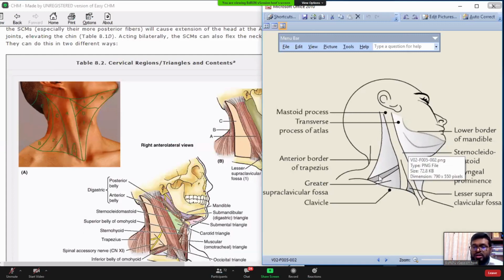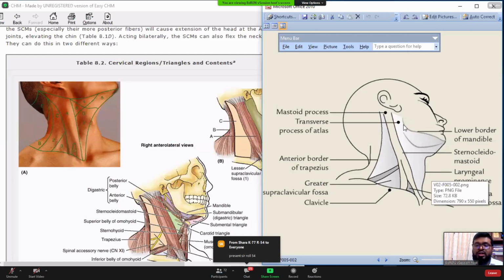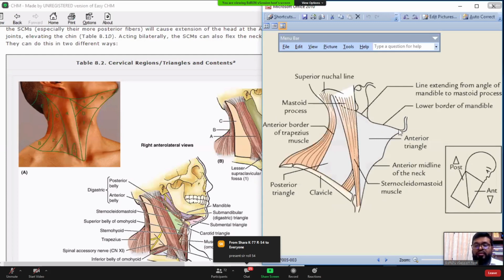This region is called the posterior triangle and this region is called the anterior triangle. Again, this anterior triangle is divided into three and a half triangles. What does that mean?